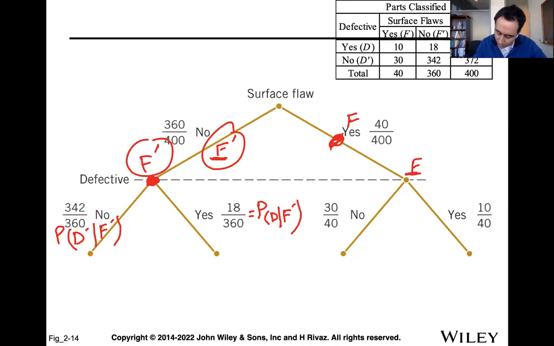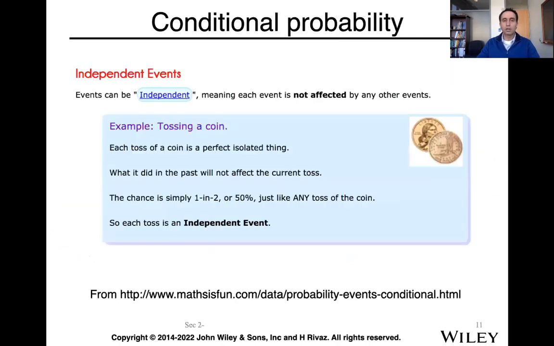So similarly, this number is the probability of defective given flaw, right? And this number down here is the probability of non-defective given flaw, right? So very important to remember that when you draw these trees, the probabilities that you show here are all conditional probabilities.